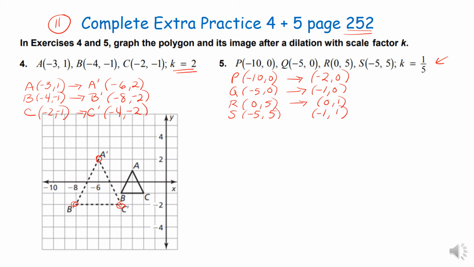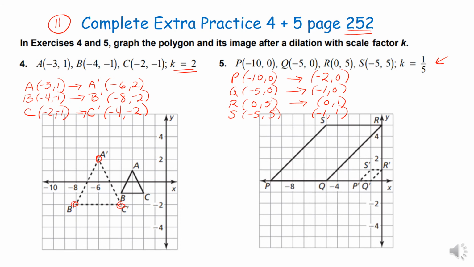So let's see how we did with our picture. This should be P prime, Q prime, R prime, and S prime. This is our image, and this is our pre-image, that's our original picture.